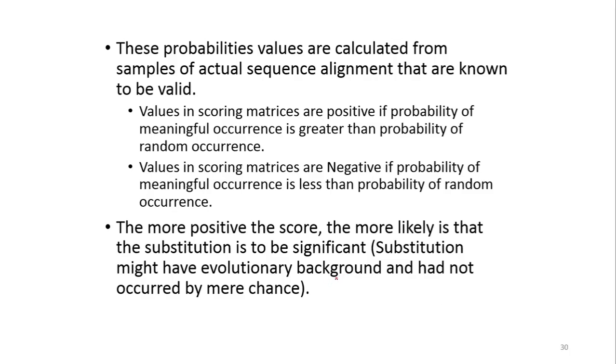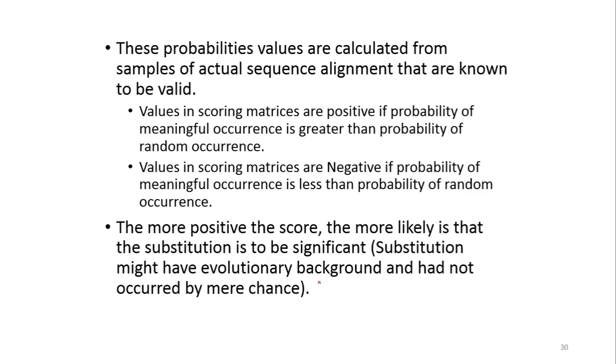Okay, so we will revisit this point just in a while, but for the time being you should agree with the fact that the more positive the score, the more likely it is that the substitution would be significant in your alignment. By that I mean that whatever substitution you are trying to compare might have an evolutionary background rather than having occurred by mere chance.